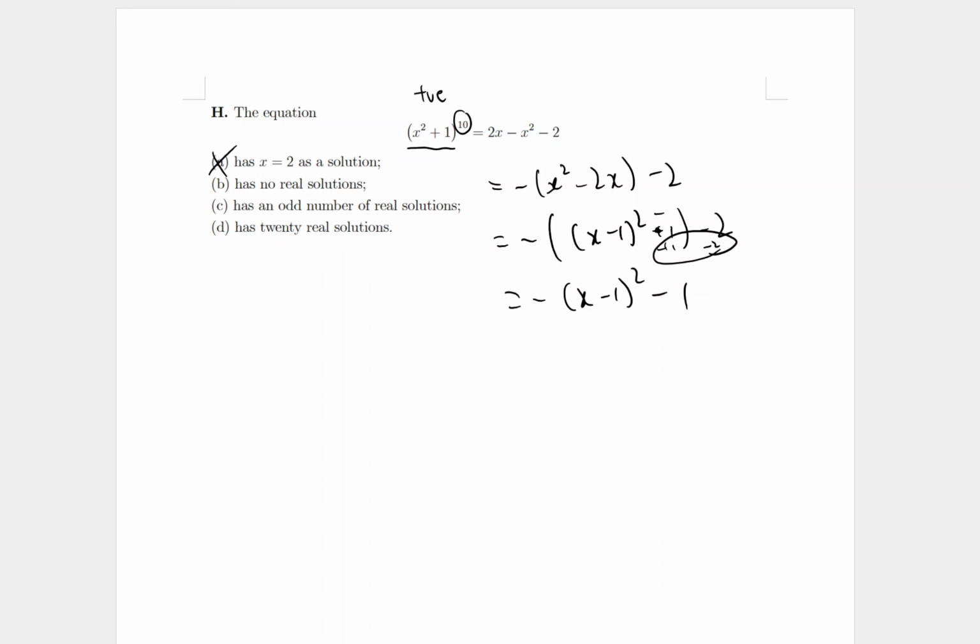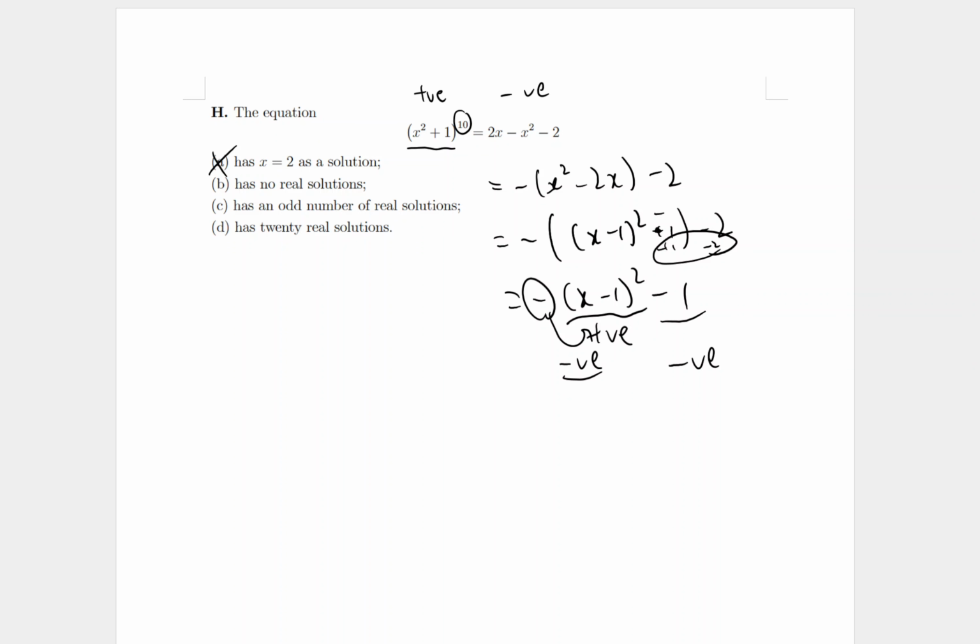Now, what could we infer from this? (x minus 1) squared is a positive number, we know that. Now, minus a positive number has to be negative, no doubt. And a negative number minus 1 would be more negative. It's still a negative number. So we're saying that the left-hand side of the equation, which is something positive, is equal to something negative.